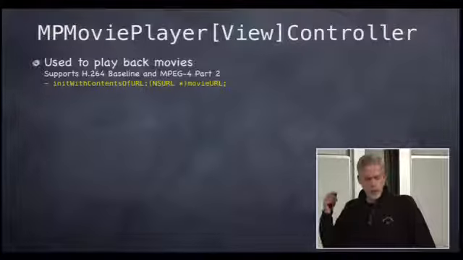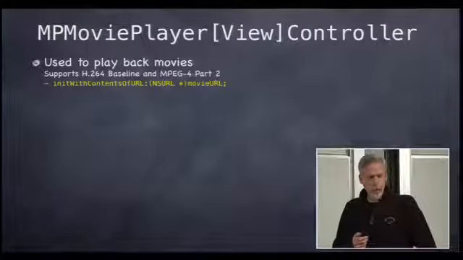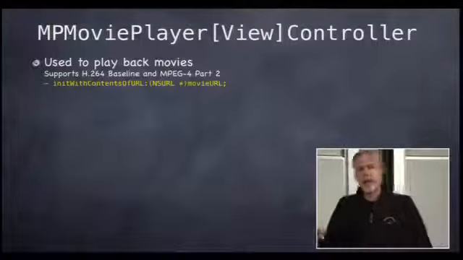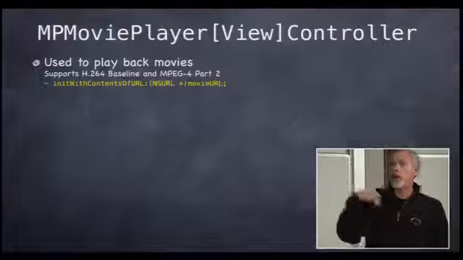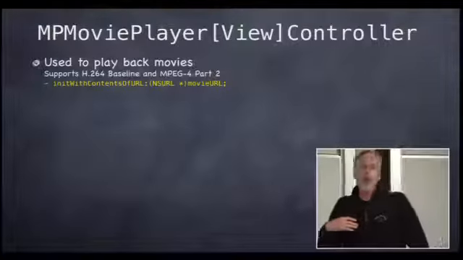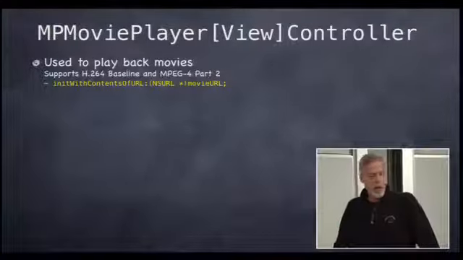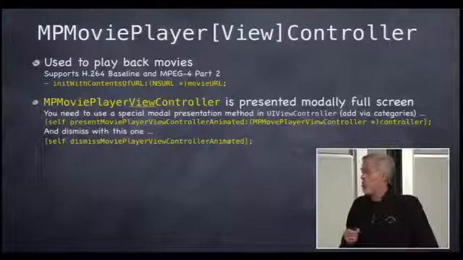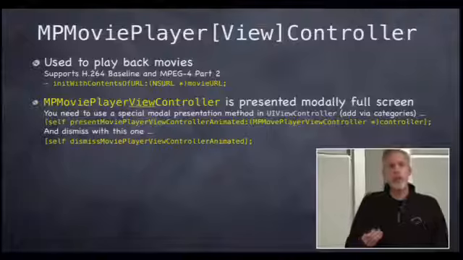And they support these two formats up here. You create either of them by saying initWithContentURL, and you pass a URL, the same kind of URL you're going to get back from the UIImagePickerController, right? And then the MPMoviePlayerViewController is a modal view controller.